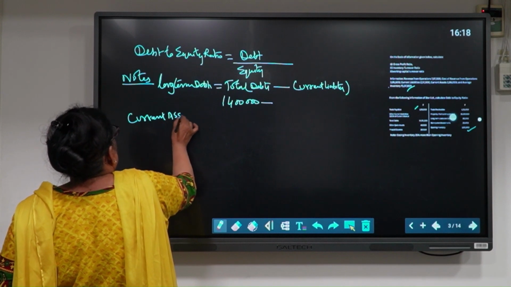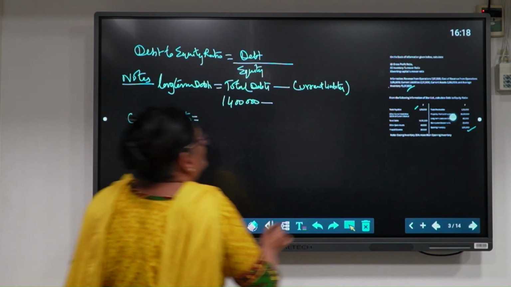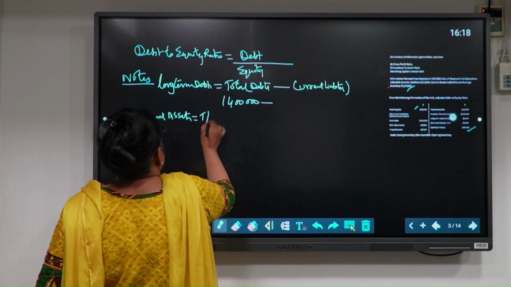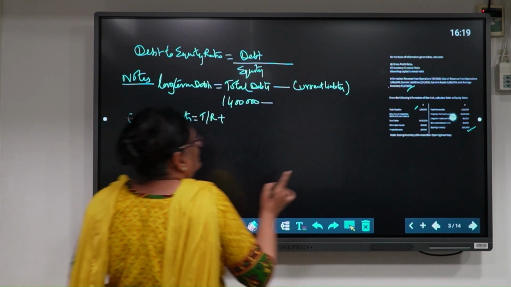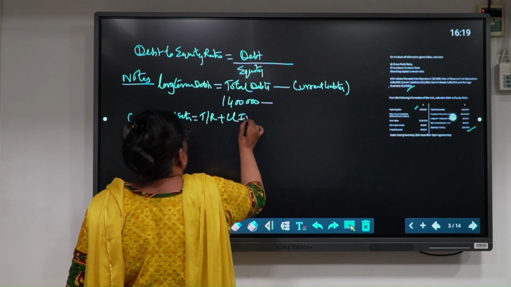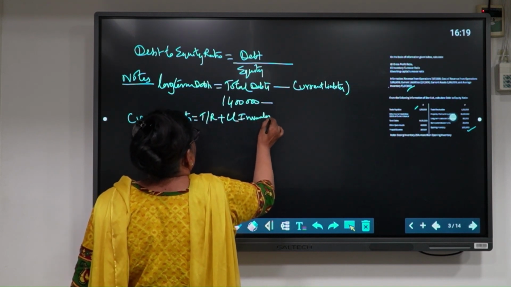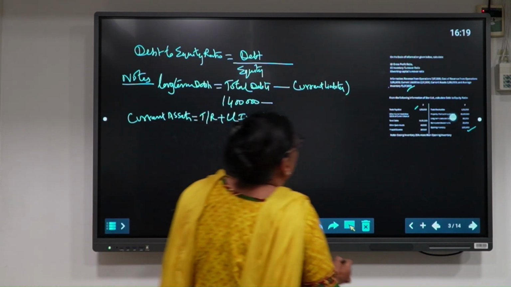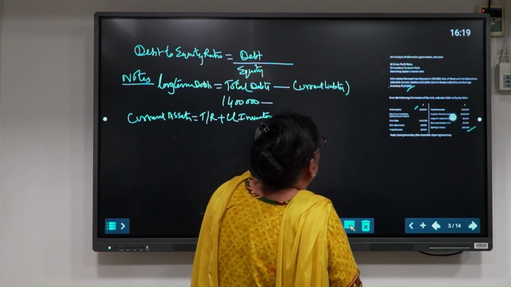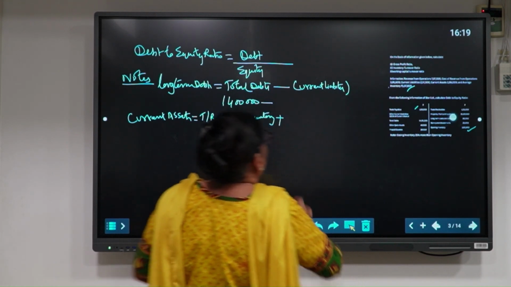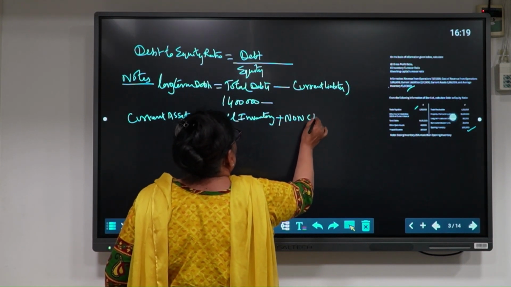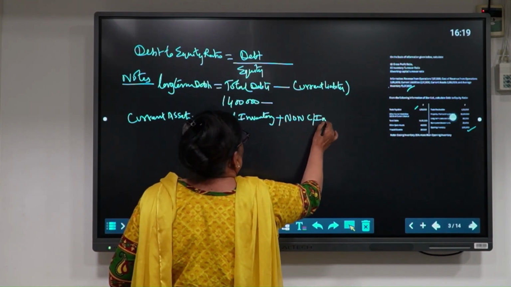Now, current assets are, you have trade receivable, plus closing inventory. That's the reason I found out closing inventory plus trade receivable, and non-current investment, short-term it is.